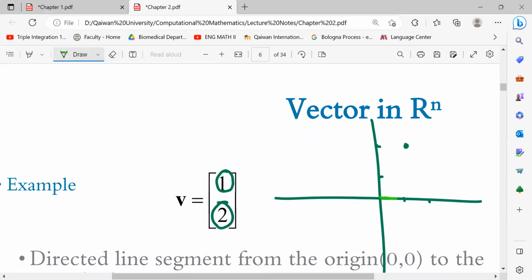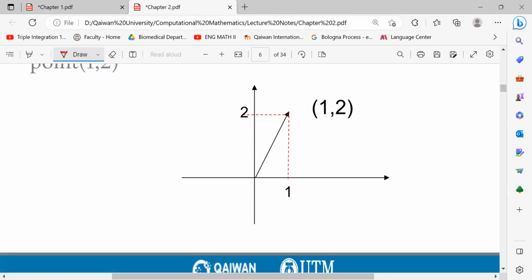Represent x is 1, and y is 2. Then the vector starts from the origin to the terminal point. The red one is the representation of the vector, and its length is the magnitude. This point, 1 and 2, is the terminal point.